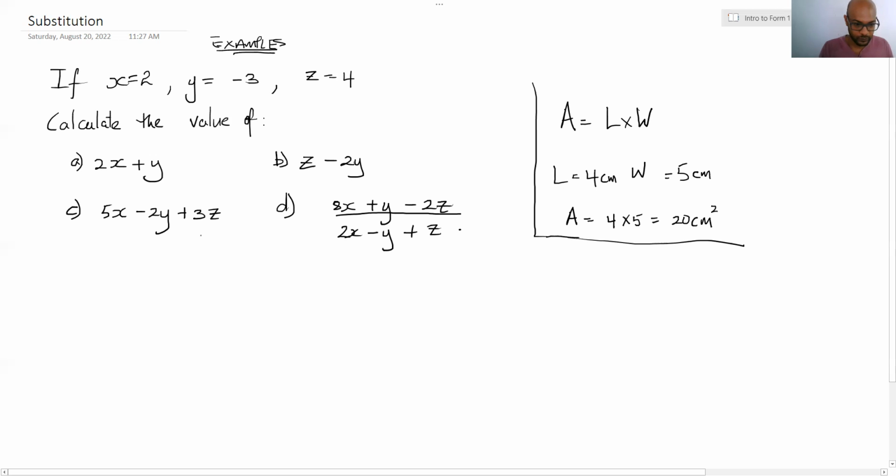So let's look at our solutions. First one. Right? So A is equal to 2x plus y. And we said that x is 2. So wherever I have x, I'm going to put a 2 there. And wherever I have y, I'm going to put a -3 there.